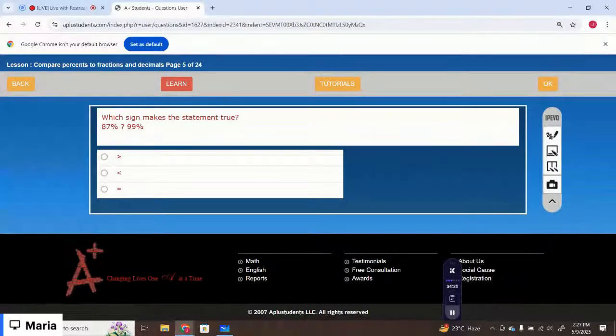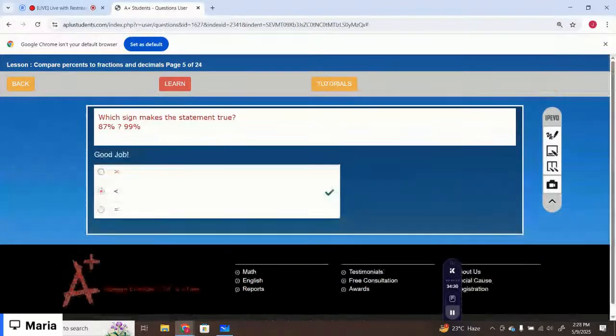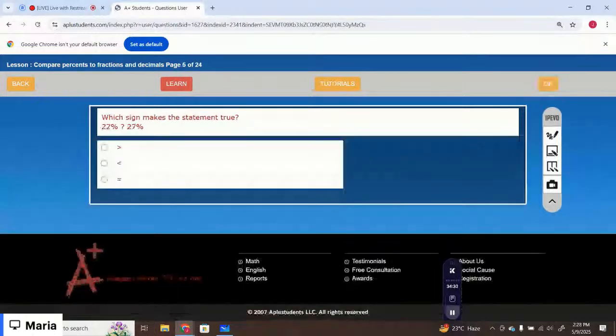That is 87% is less than 99%. Which sign makes the statement true? 22% and 27%. 22% is less than 27%. Option number 2 is the correct option.